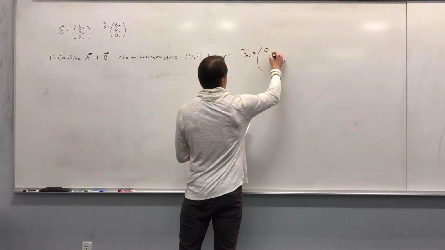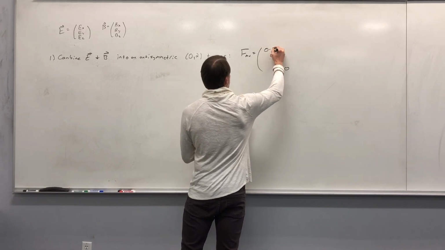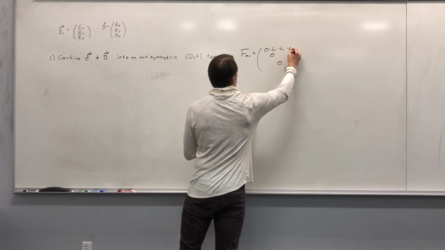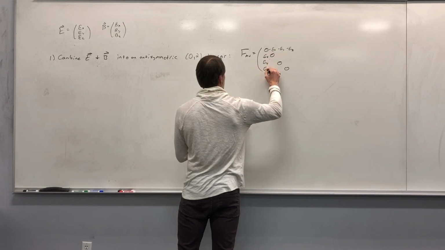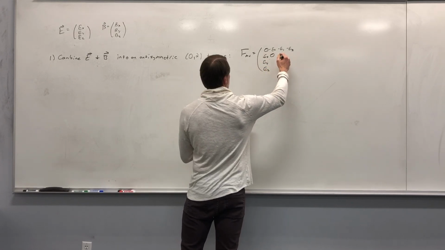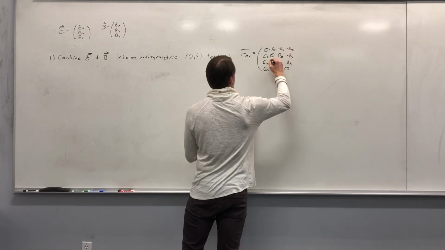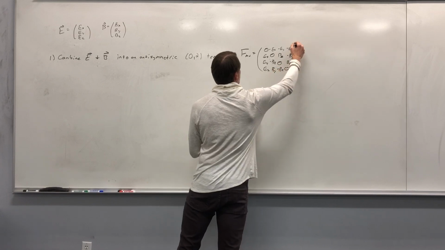So 0's down the diagonal, and then minus EX, minus EY, minus EZ, and then EX, EY, EZ, and then BZ, minus BY, BX, minus BZ, BY, minus BX.